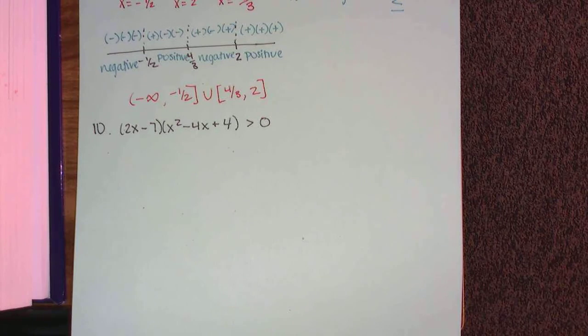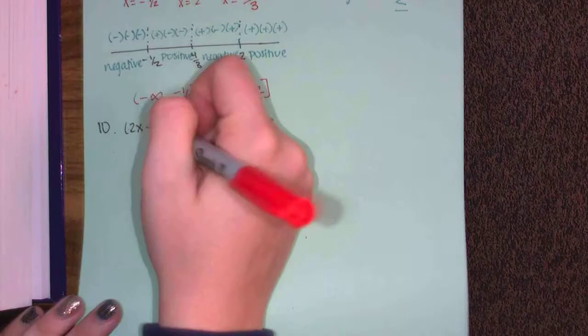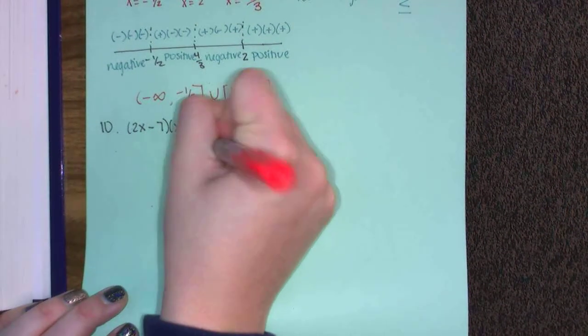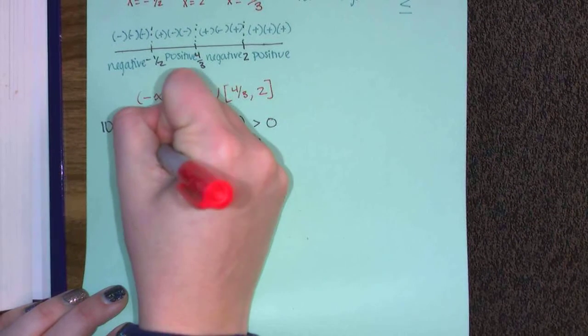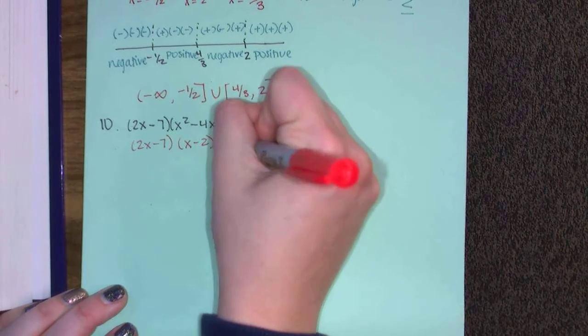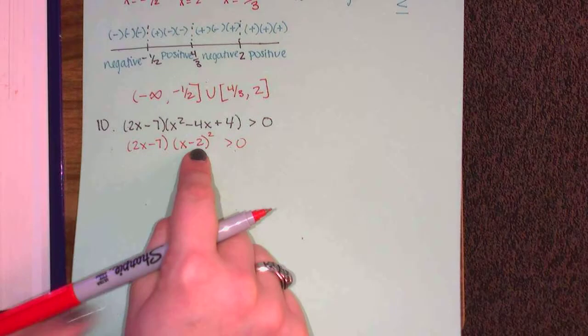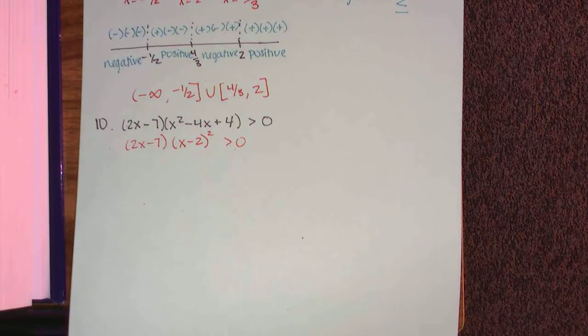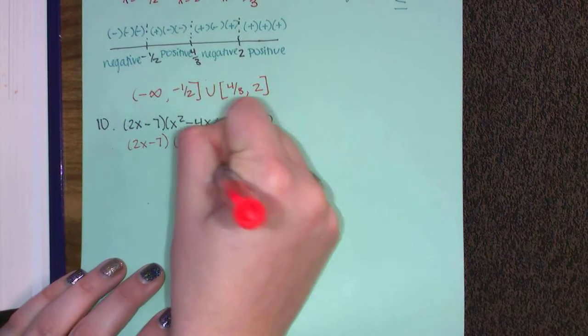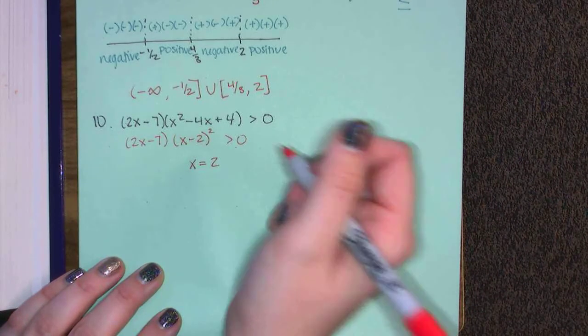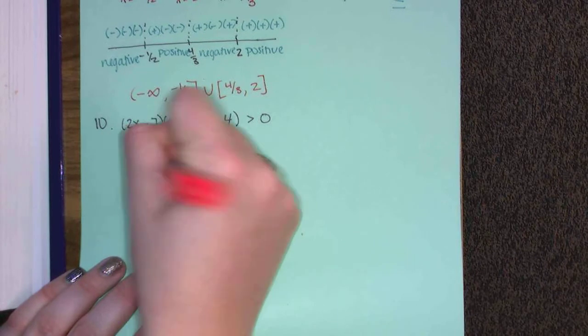Okay, I need to factor it first. If it's a perfect square, then what is it? Okay, so that means that we technically have a double 0 there. For these problems that really doesn't matter, but there's technically 2 zeros at x is equal to 2. So my zeros, x equals 2, and what else? And x is equal to 7 over 2.